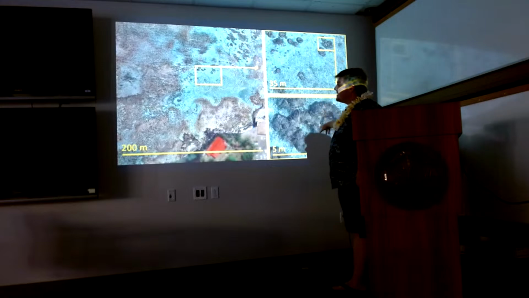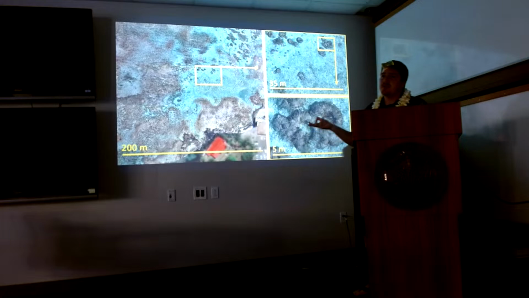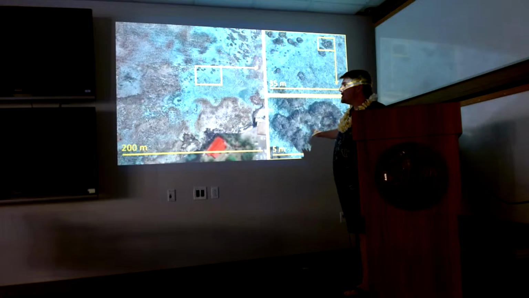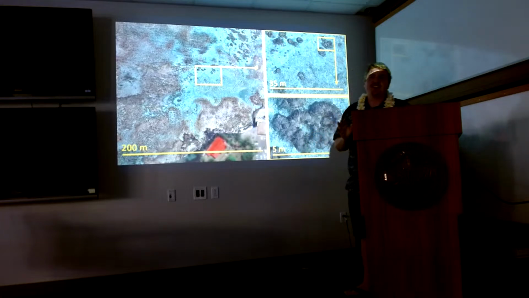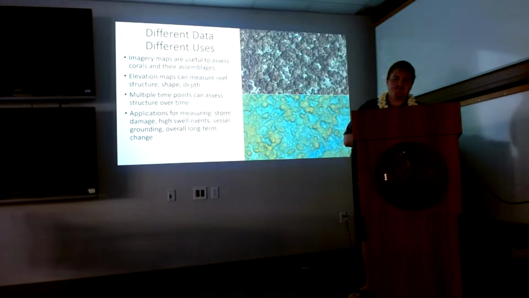We can follow that one, and we can look at individual colonies. So we can zoom in again really close to these ones. We're looking at about 4mm resolution for the pixels. When we zoom into a 4mm resolution pixel, it just looks like the color of that pixel. We can't actually see polyps. But it is a really fine resolution to be able to scale things at, as well as look at the different changes in growth or reef structure.